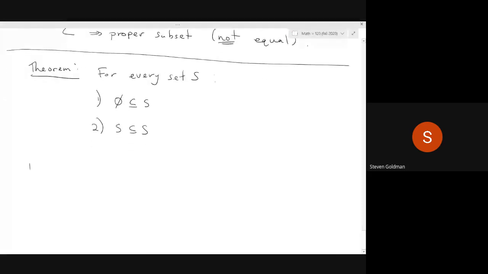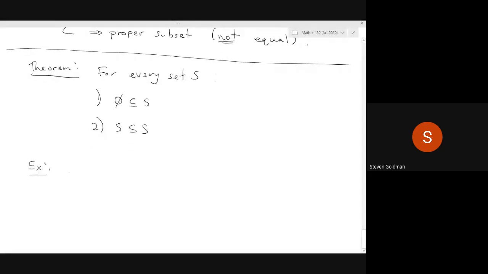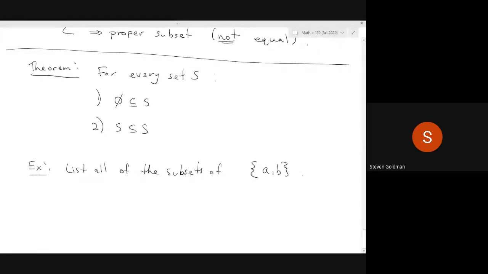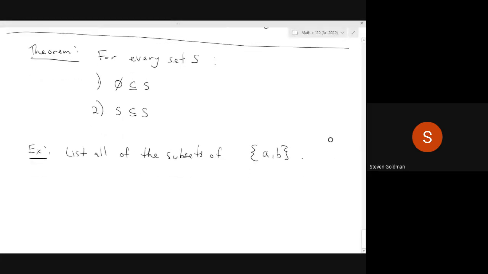So let's say I ask you to list all of the subsets of the set {A, B}. What are all the subsets of this set with two elements? First of all, the empty set is a subset.